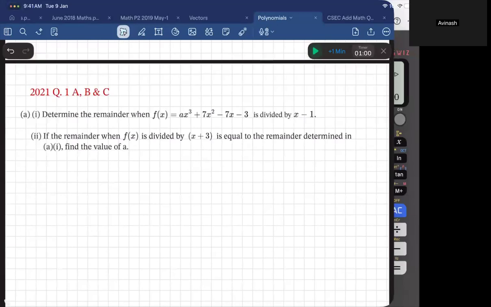Determine the remainder when f of x equals a x cubed plus 7x squared minus 7x minus 3 is divided by x minus 1. First question, are we going to use polynomial long division?